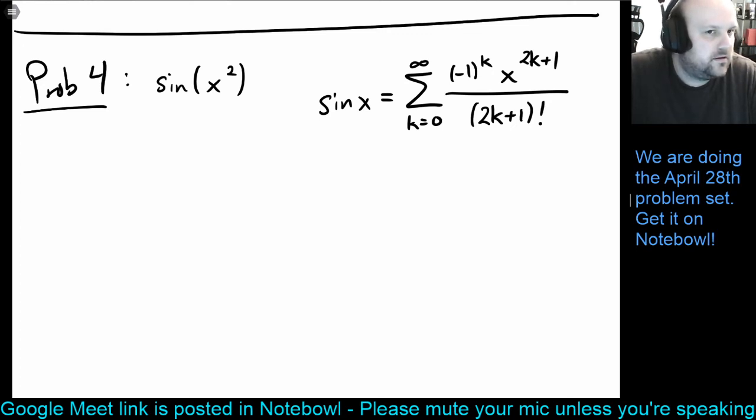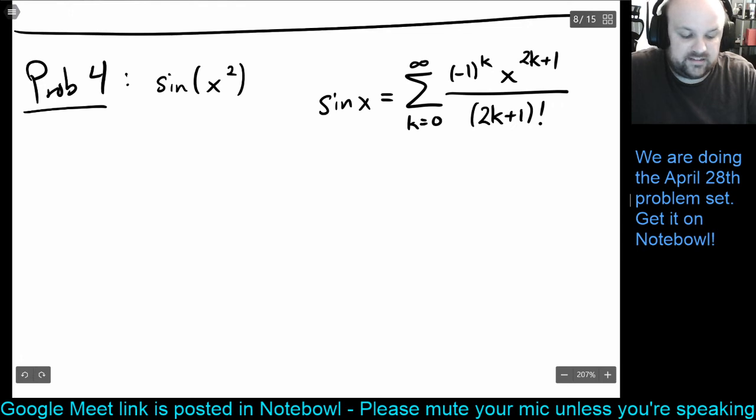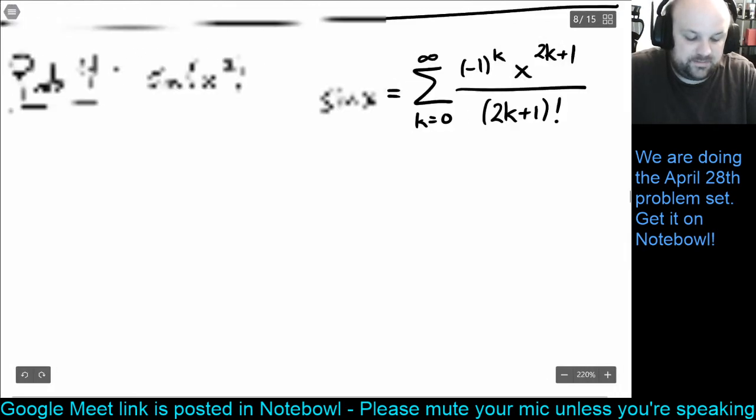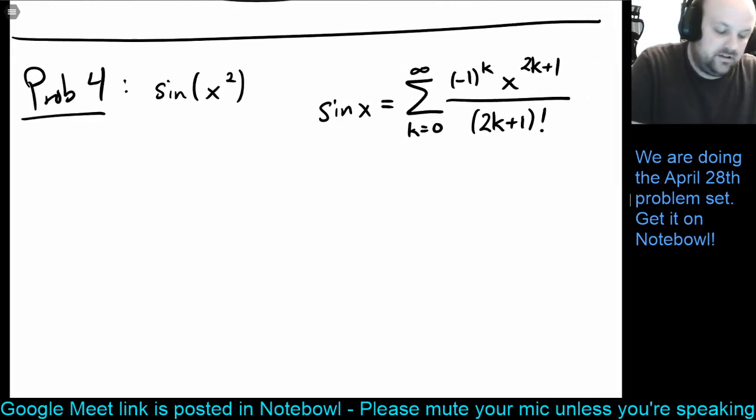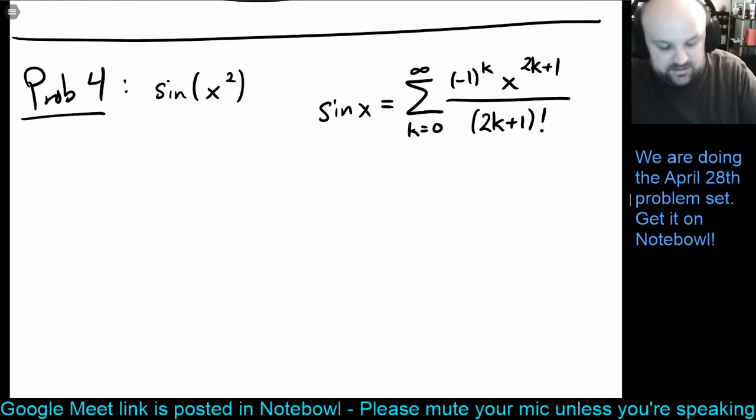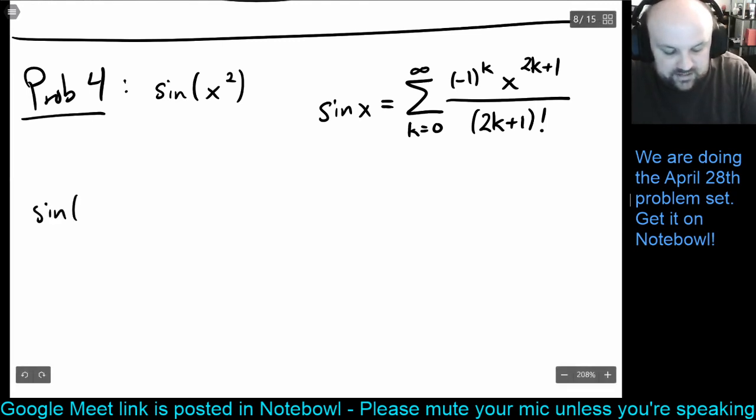We can plug x squared in for x. Yeah, exactly. This is just a function of x, so we're just plugging x squared into the sine function. Let's do exactly that with the Maclaurin series. For sine of x squared, we're just going to replace all the x's with x squareds.